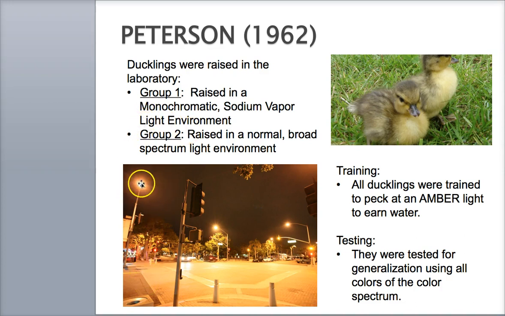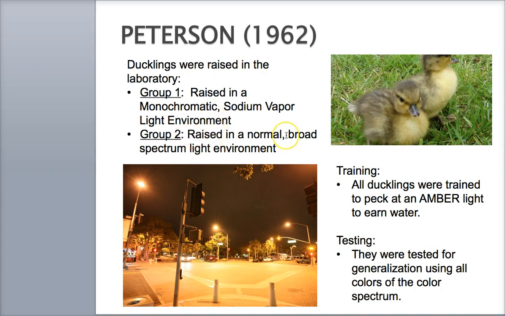These lights are amber colored, and they cast an amber glow on everything. So the street looks amber, the concrete looks amber, the walls of the buildings look amber, the poles look amber, everything, even the trees look sort of amber colored. So the ducklings raised in this monochromatic sodium vapor environment basically only ever see the color amber.